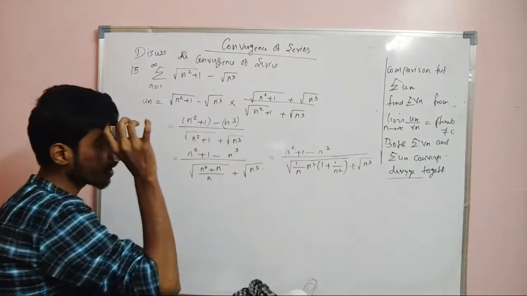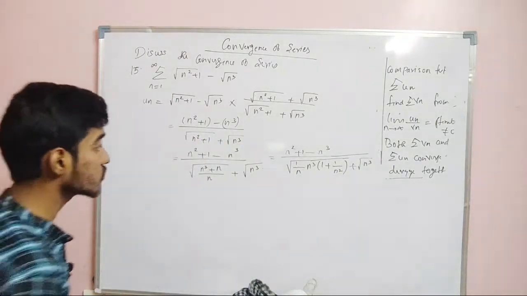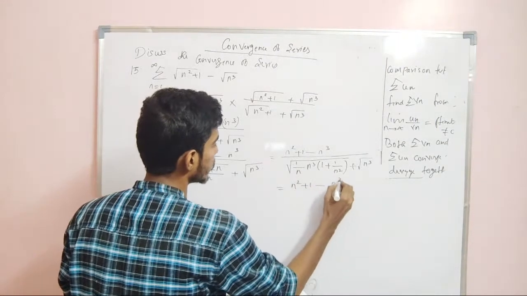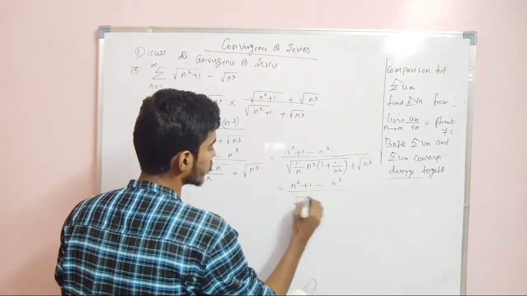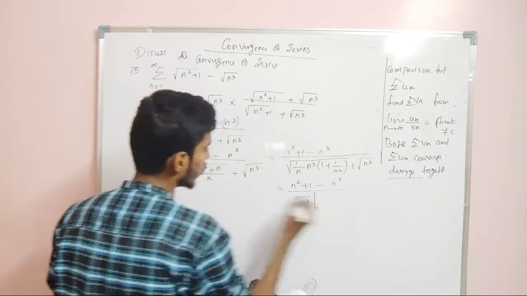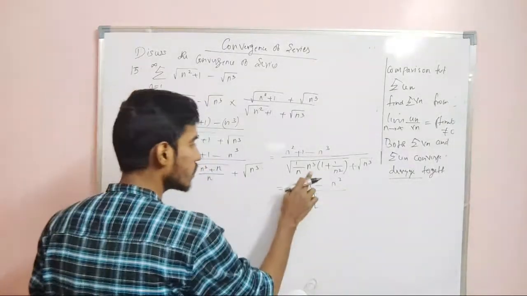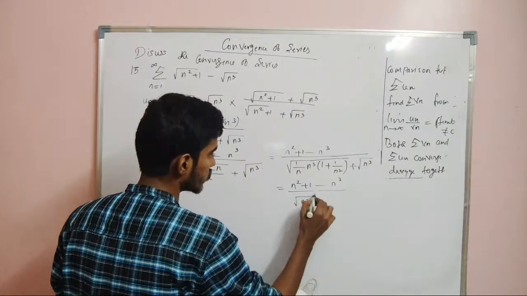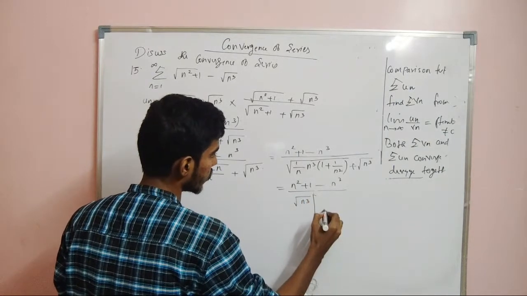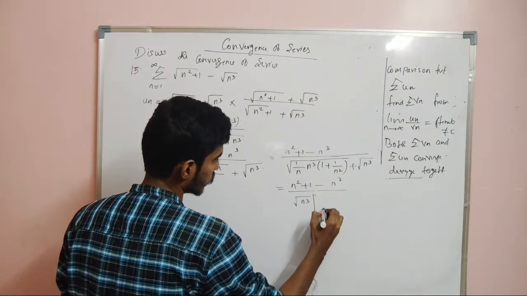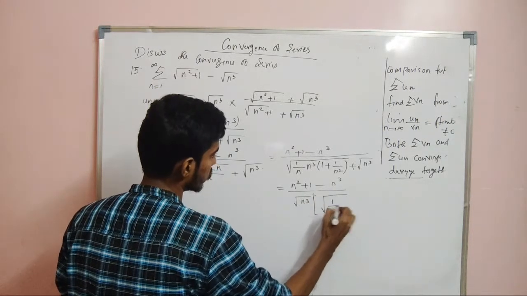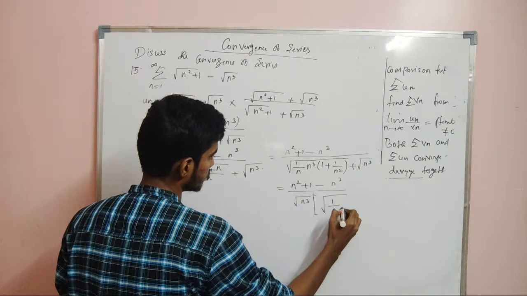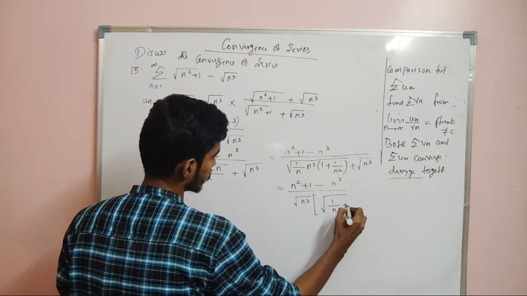Now I'm going to take root n cube common, so we will have n square plus 1 minus n cube divided by, here we will have 1 by n, here we will have square root of 1 by n plus.